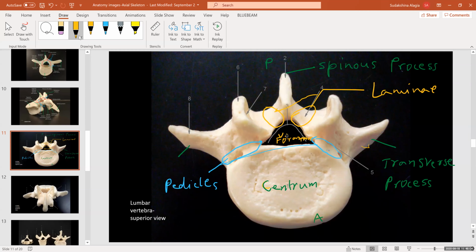Then the superior articular process and inferior articular process. Superior and inferior articular processes for lumbar vertebrae are slightly turned. It's almost curved. So what we see from the superior view is the superior articular process and facet.